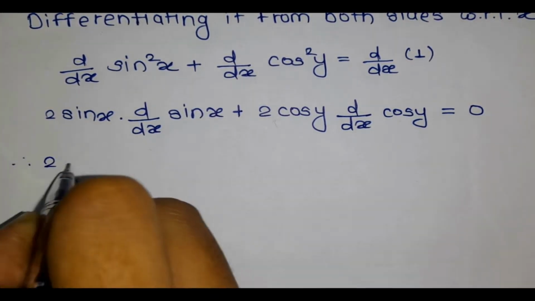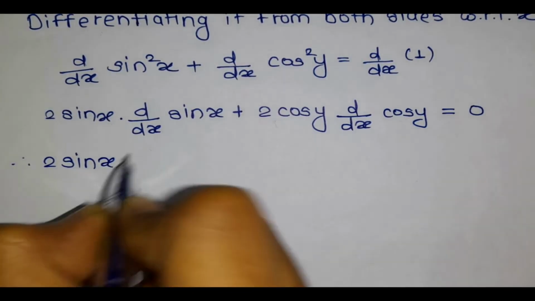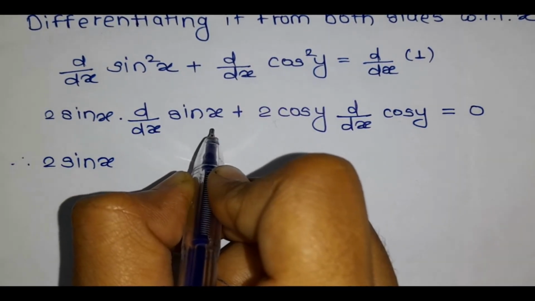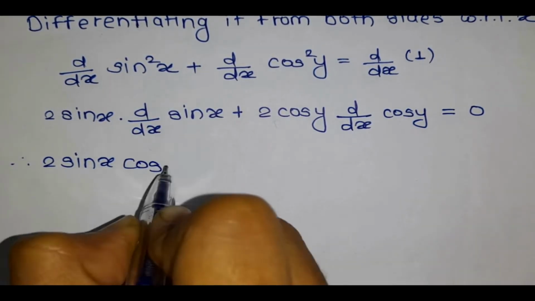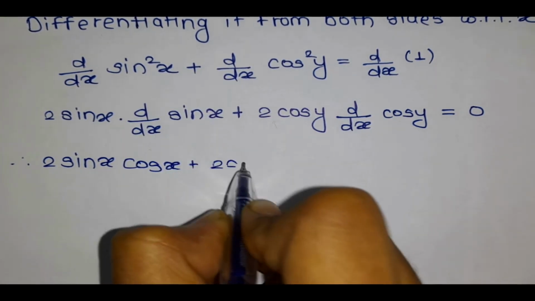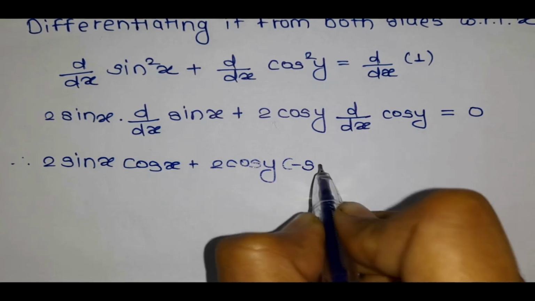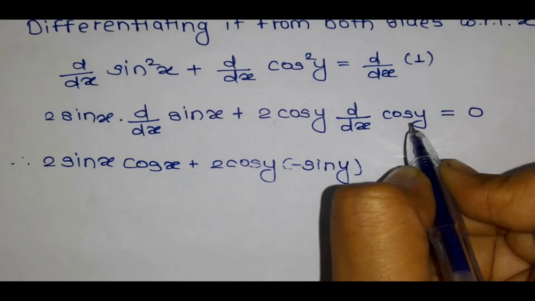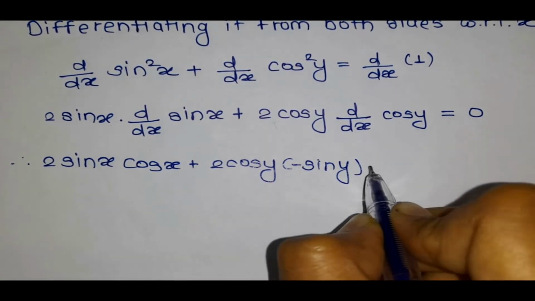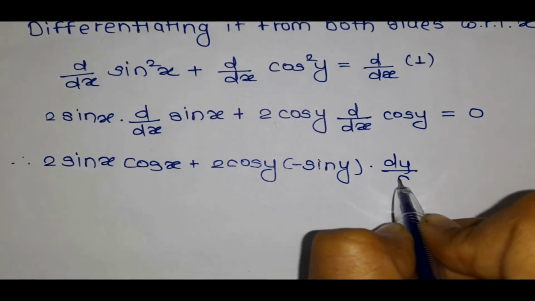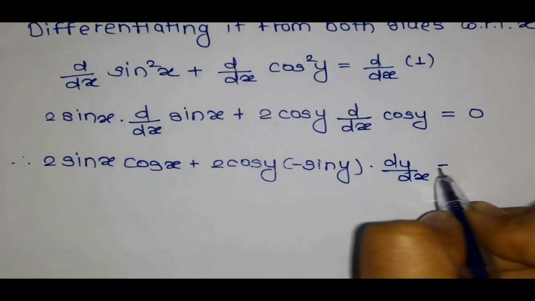So further evaluating, we will get 2 sin x, d/dx of sin x will be cos x, plus 2 cos y, d/dx of cos y will be minus sin y, but since it is y and here we are differentiating with x, we will write dy/dx along with it, which will be equal to 0.